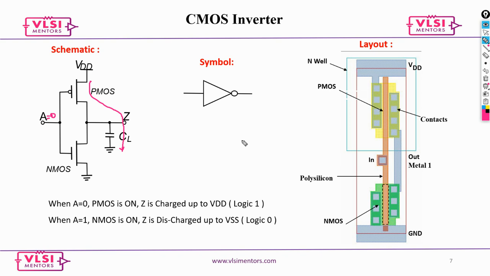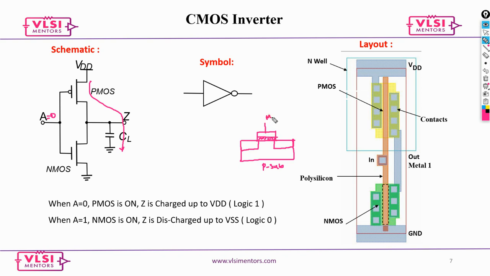Okay, a simple thing. Yesterday we have seen the CMOS cross sectional view, right? We have discussed this kind of cross section. Now this is the P substrate.